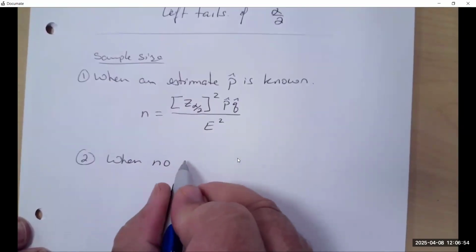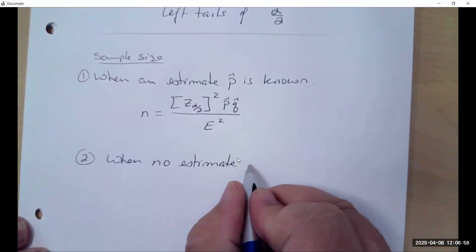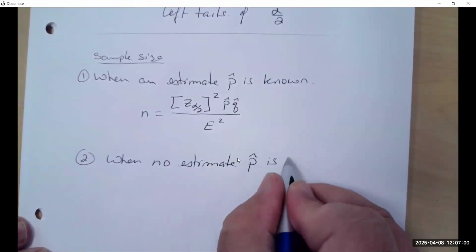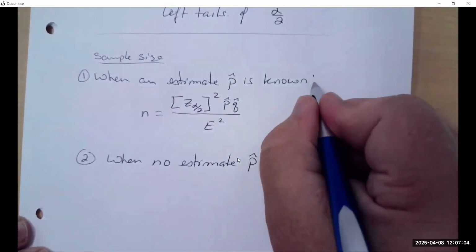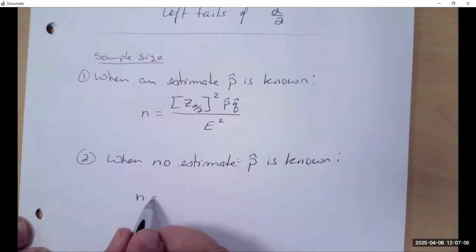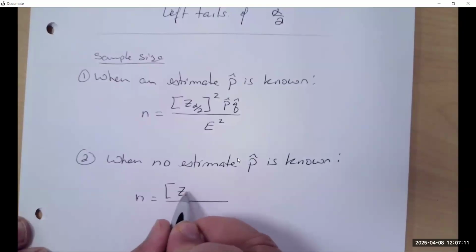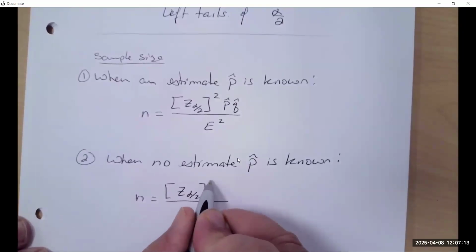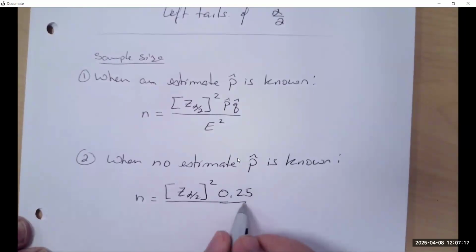When no estimate P hat is known, the sample size is the Z-score squared, 0.25, and E squared.